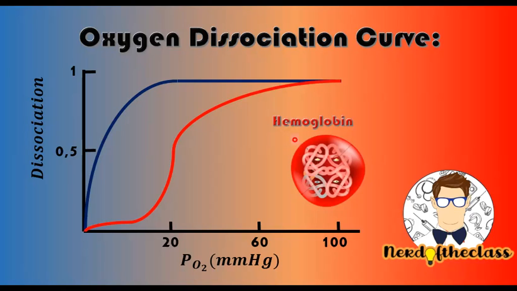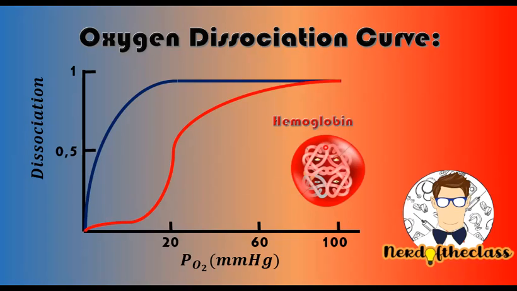So hemoglobin has two main forms, the stress and the relax. In the stress mode, we have very low affinity with the oxygen, and that is what is happening here. We are not having good enough saturation, so it's very hard for the first molecule to connect to the hemoglobin.